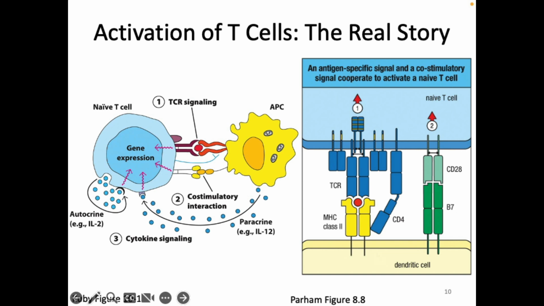It must have signal 1 and signal 2. If that T cell does not get signal 2, we don't activate the T cell. And so signal 2 is super, super, super important.